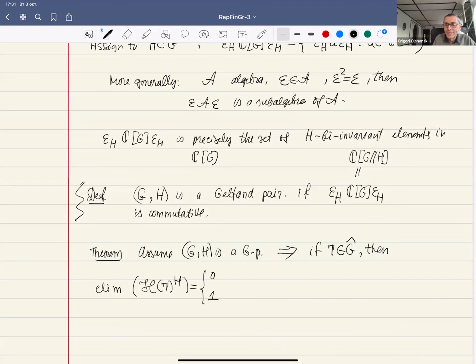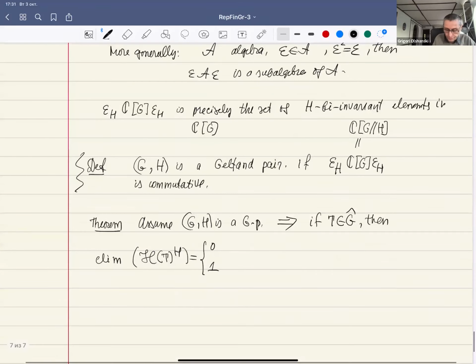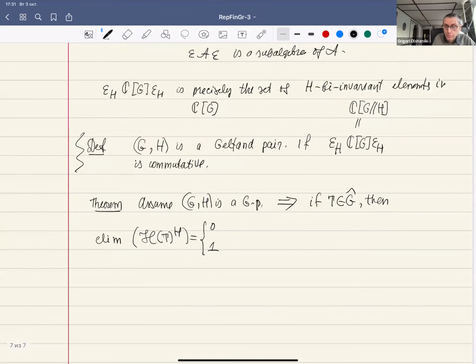So the subgroup is such that H invariants are at most one dimension. Sometimes it can be 0, no invariance. And if there is a vector which is H invariant, then this vector is unique up to a scalar. So this is some invariant of a representation. Very important.